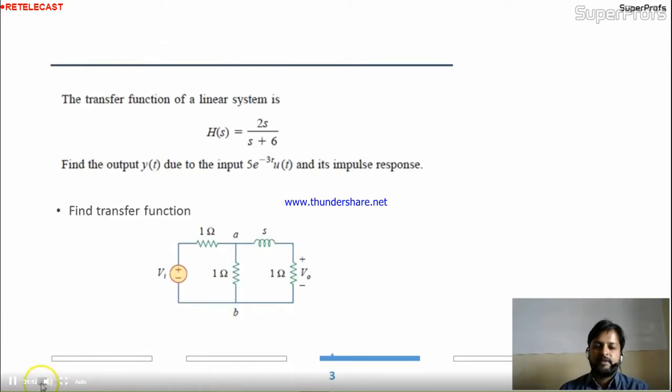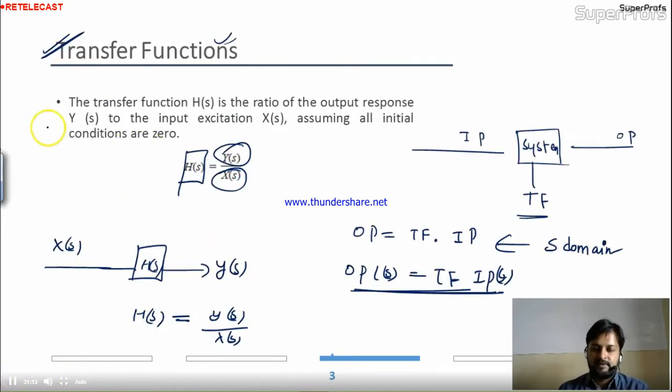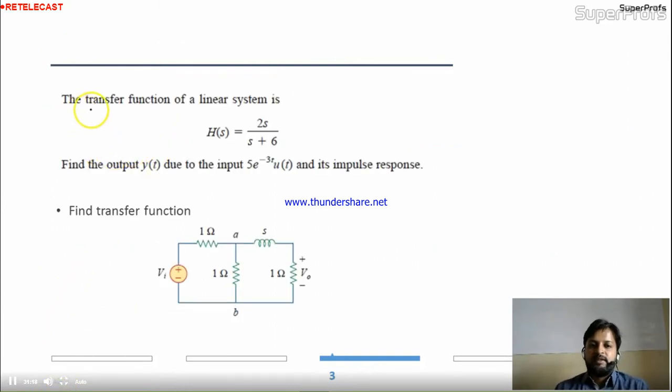So sometimes questions are asked from this transfer function concept. See, the transfer function of a linear system is given like this. Now find the output y(t) due to the input this and its impulse response. Impulse response is nothing but the transfer function.